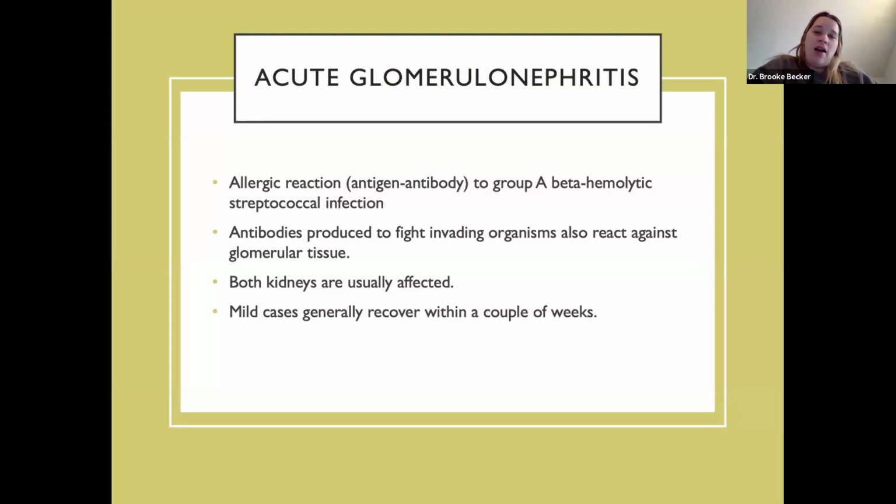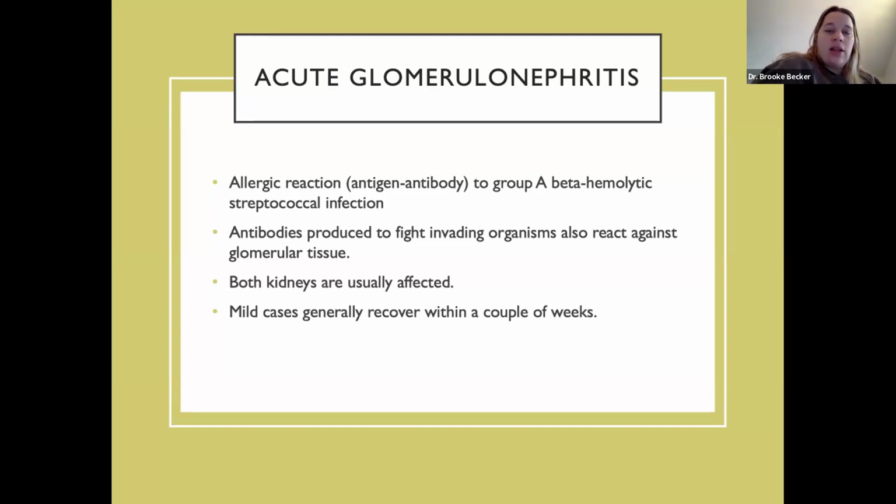And then they kind of have this antigen antibody allergic kind of reaction, or essentially the antibodies start recognizing those glomerular tissues as kind of a foreign or an attacking agent. So then those antibodies start attacking the good glomerular tissue, which then causes inflammation. Okay.